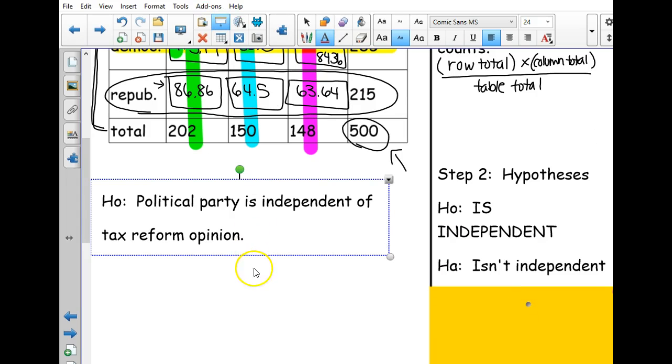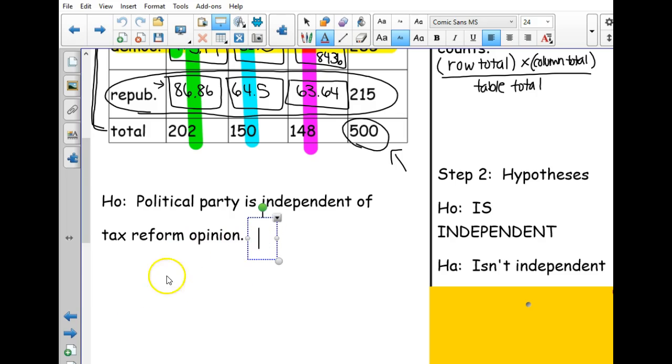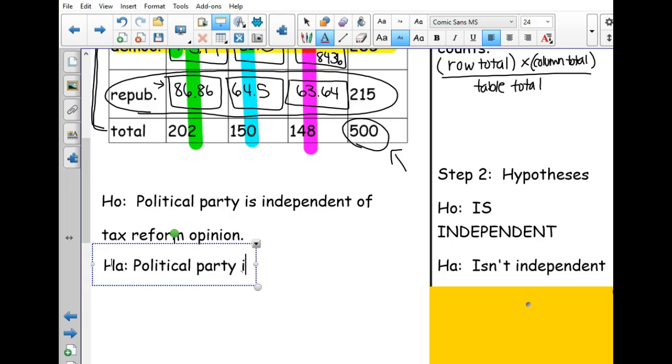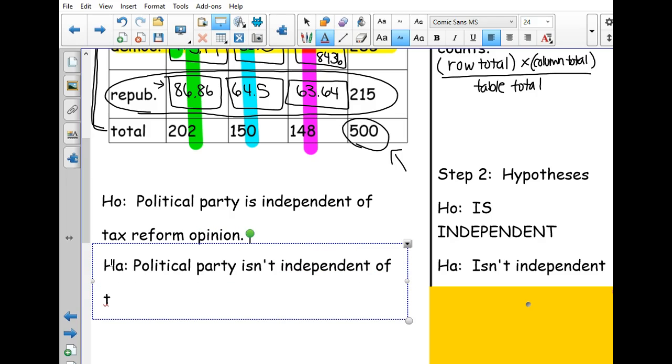Our HA is always the two variables, and we just say they are not independent. Every single time, just take your two variables; it's an "is" statement, and an "is not" statement. Political party isn't independent of tax reform opinion.